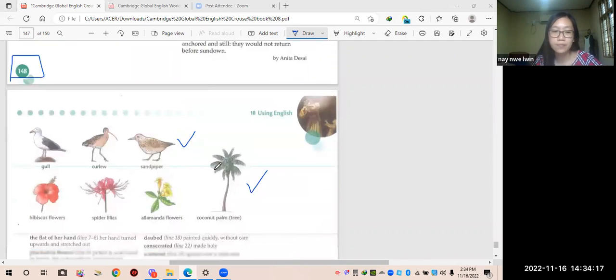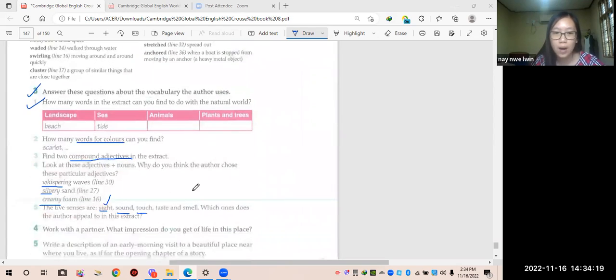Okay, so we can find the sense of touch too, right? So how about taste? Can we find vocabulary associated with the sense of taste?